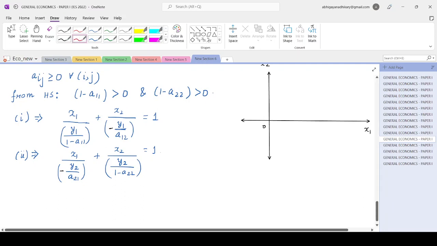So understand, 1 minus a11 positive means the x1 intercept is positive over here for line 1, but the x2 intercept is negative. Okay, it's fine. So this is your positive intercept y1 by 1 minus a11, and your negative intercept is over here, that is minus of y1 by a12.